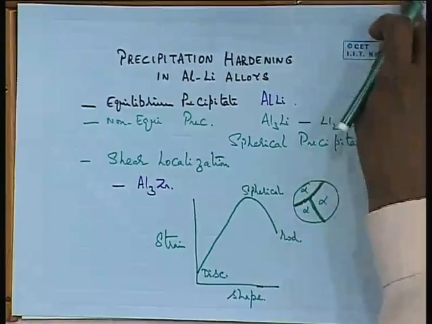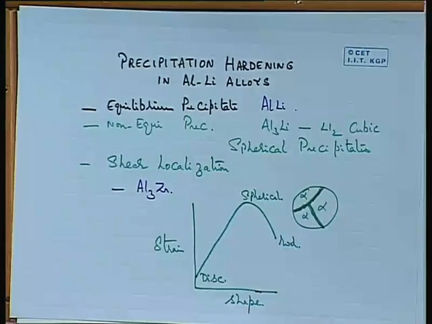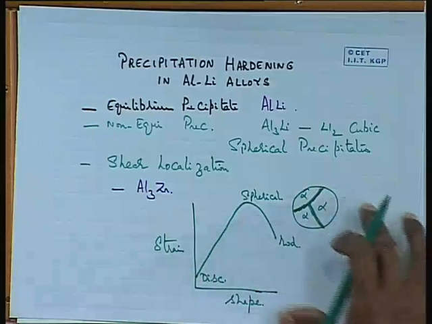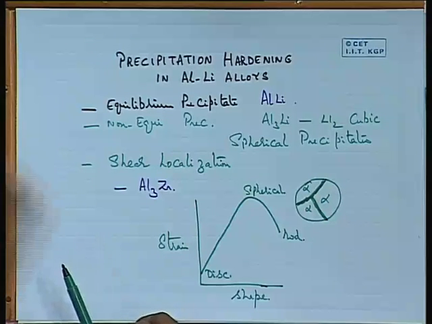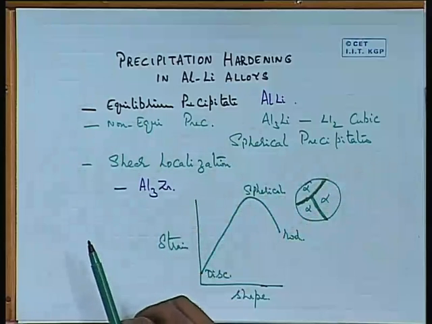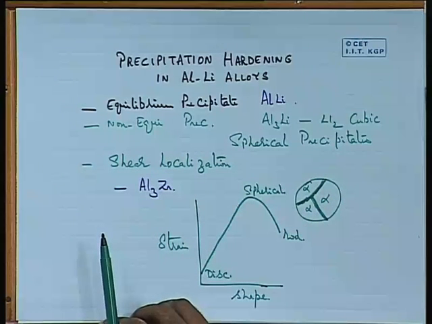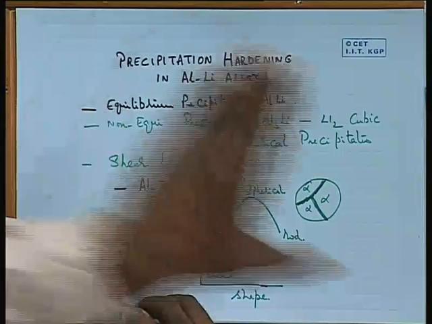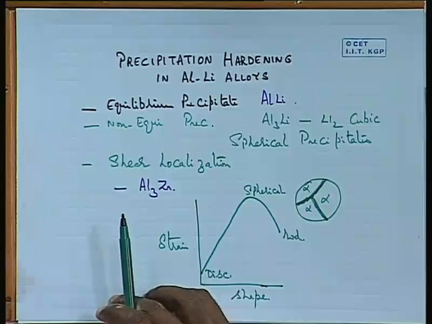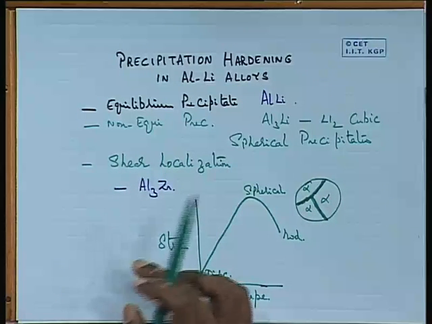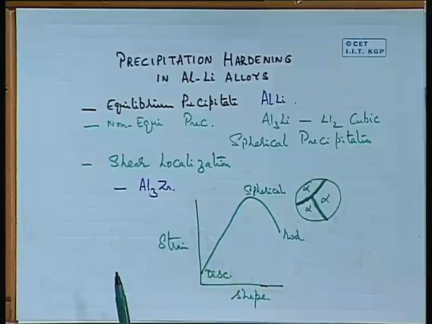There was a lot of interest in these aluminum alloys for quite some time, and then slowly people started feeling that there are problems. One major problem is what is called shear localization. The moment a dislocation cuts through a fine Al3Li particle, all the remaining dislocations go through the same path, and that path provides an easy path for the dislocations to move.